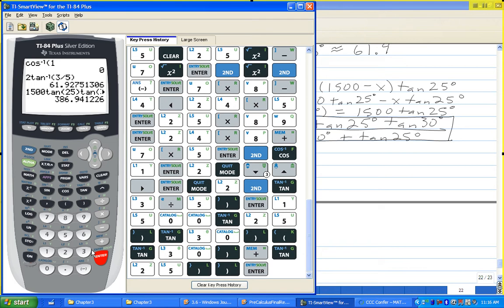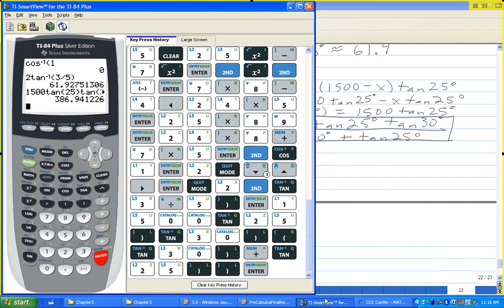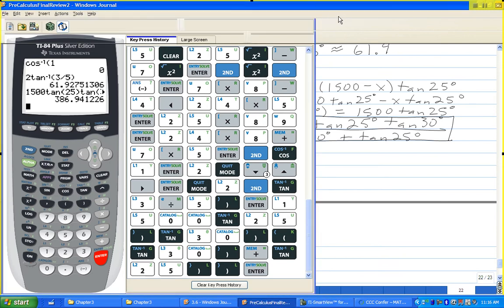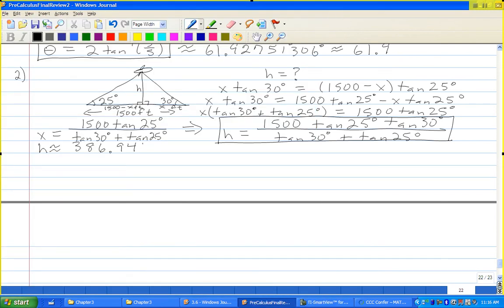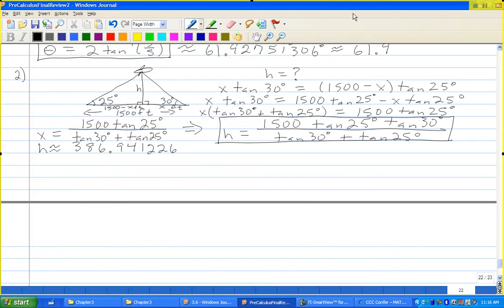It is 386.941226 feet. So that's the approximate amount.